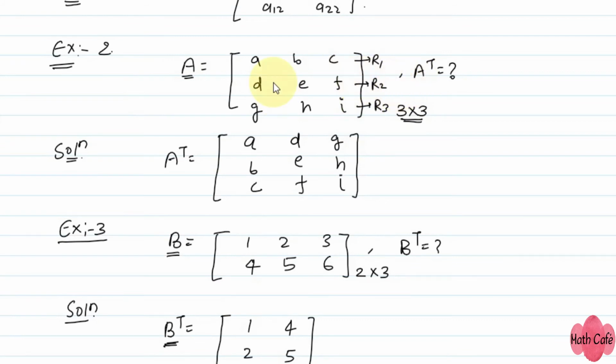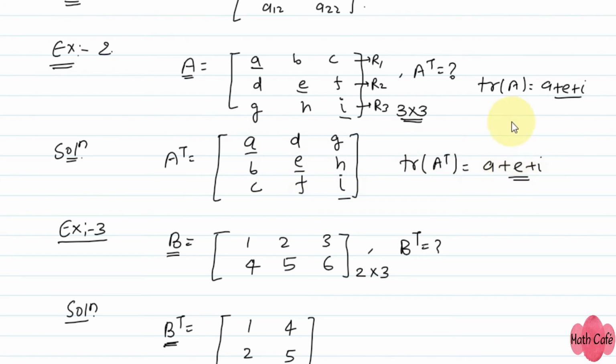If I obtain the trace of A, it will be A plus E plus I, the sum of all the diagonal elements. If I obtain the trace of A transpose, that will also be A plus E plus I. So what we observe here is that the trace of A will be equal to the trace of A transpose.